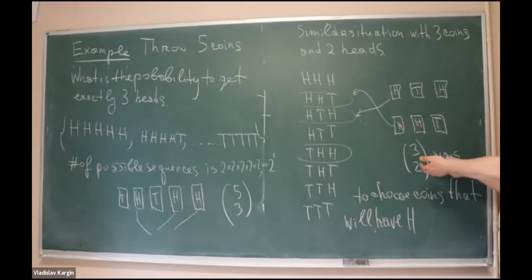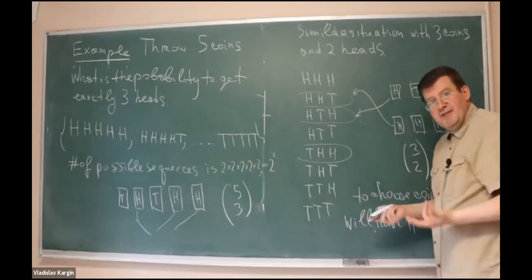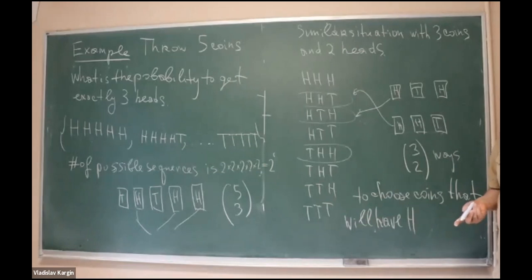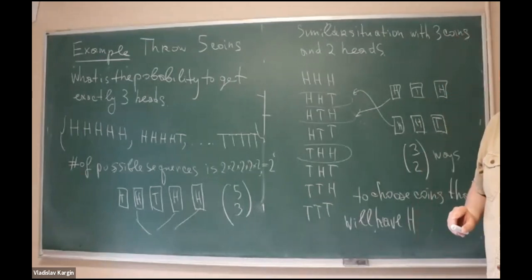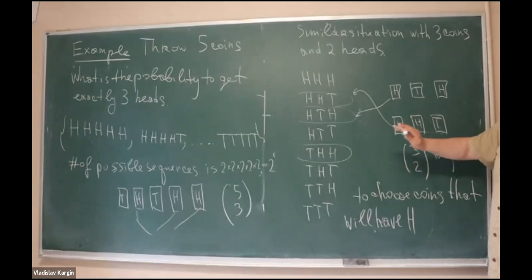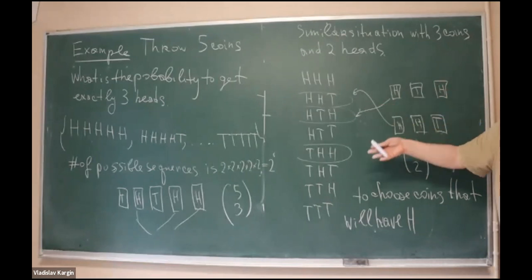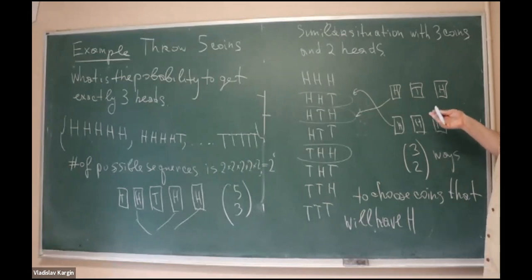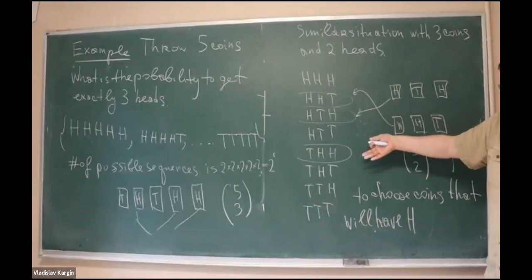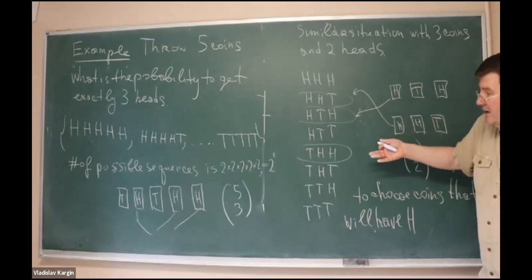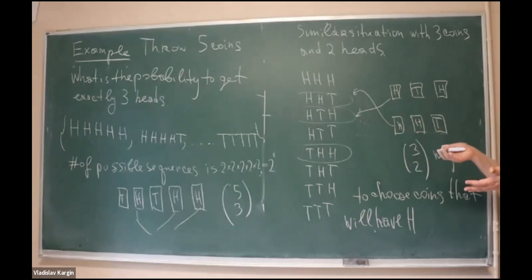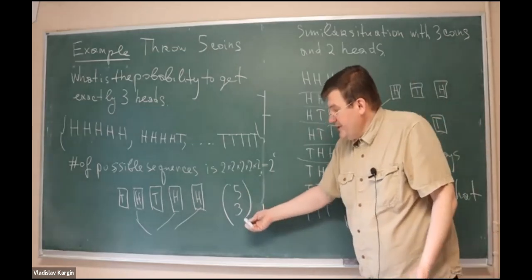So this number, 2 out of 3, corresponds to the number of sequences with exactly 2 heads. In this simple example it's more or less clear, but the nice thing about this way of counting sequences that have exactly 2 heads is that it applies to any number of coins and any number of heads. Here it's applied to 5 coins and 3 heads.